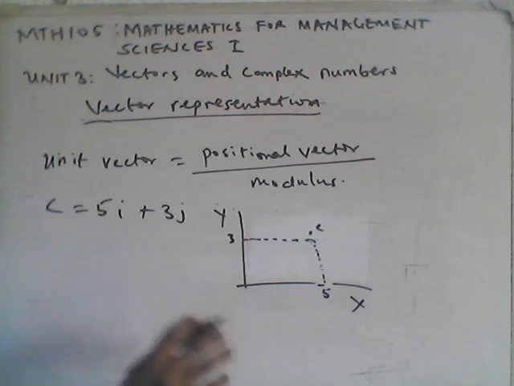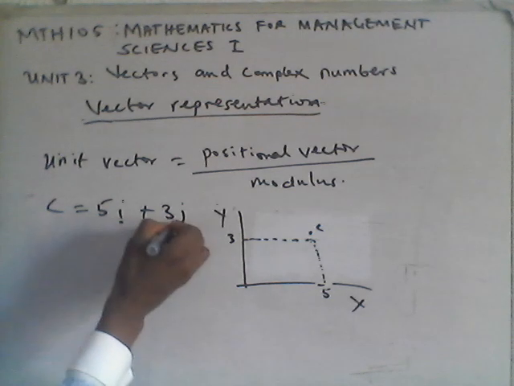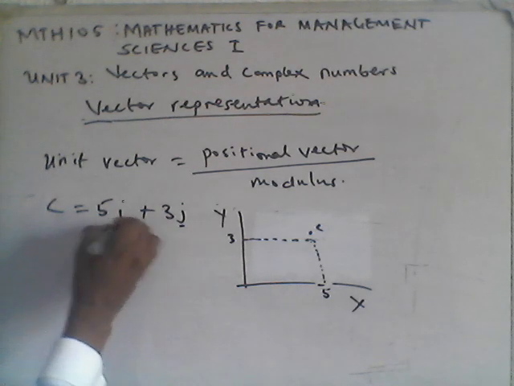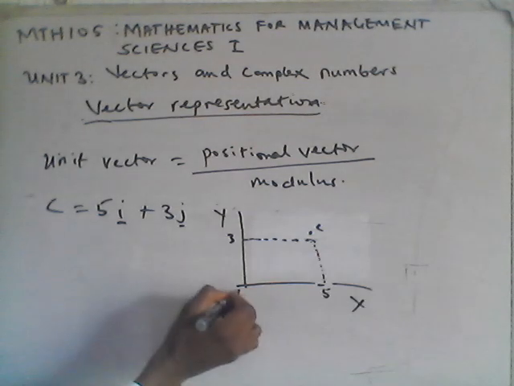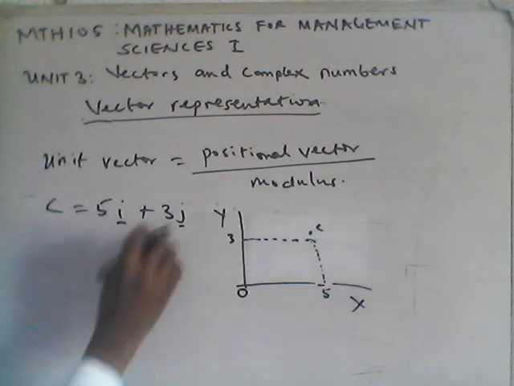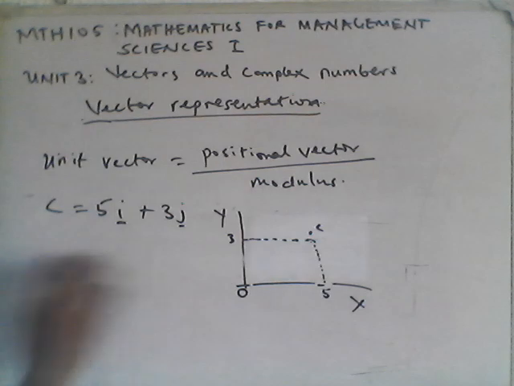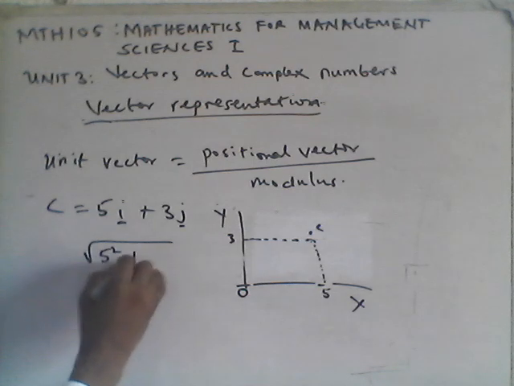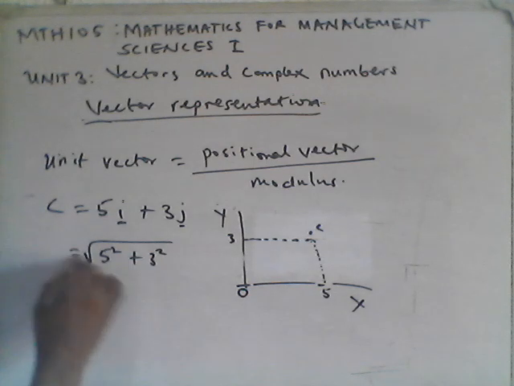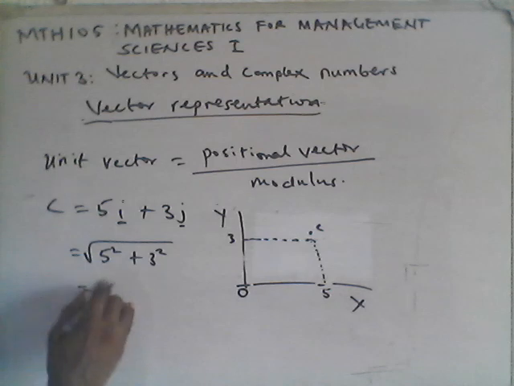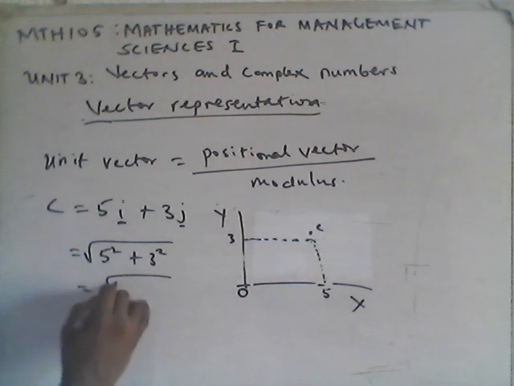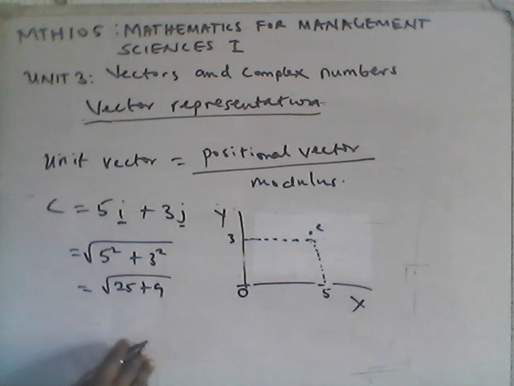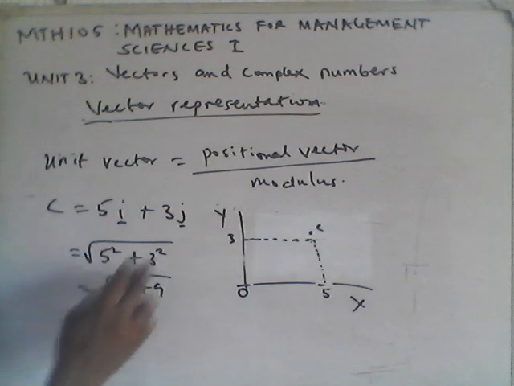That was telling us that these are positions on the Cartesian plane, where i is the x-axis, this is the 0 mark, and j is the y-axis. Okay, so the modulus of this is the square root of the summation of 5 square and 3 square. Modulus or magnitude is 25 plus 9, because 5 square is 25, 3 square is 9.